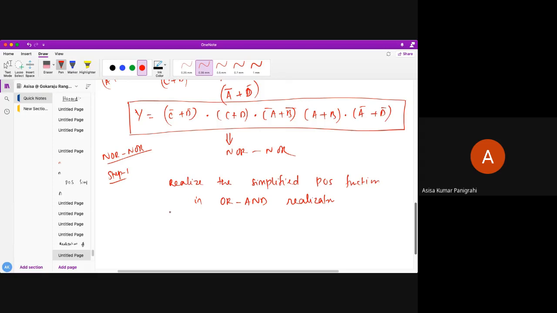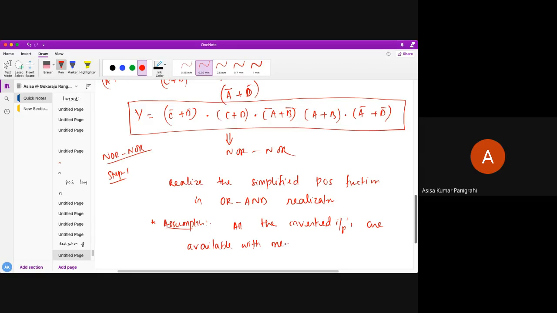Before going to that, you need one very important assumption. The assumption is that all the inverted inputs are readily available with me. Do you all understand? Then you can easily draw the OR and relation.